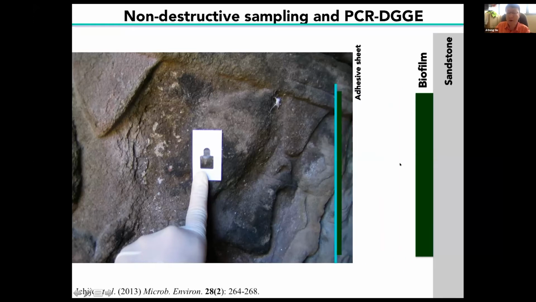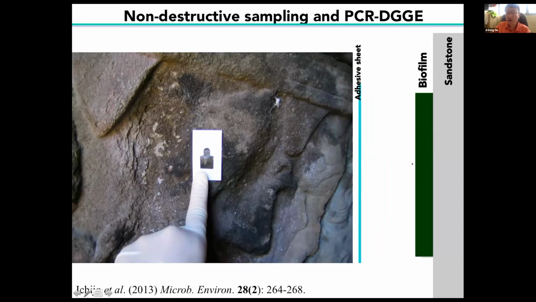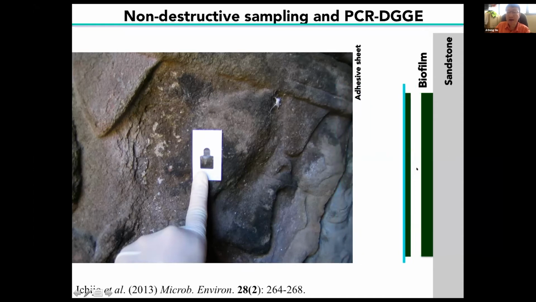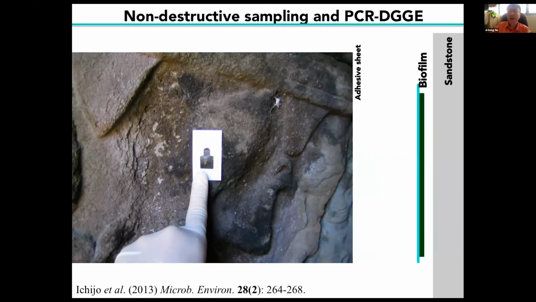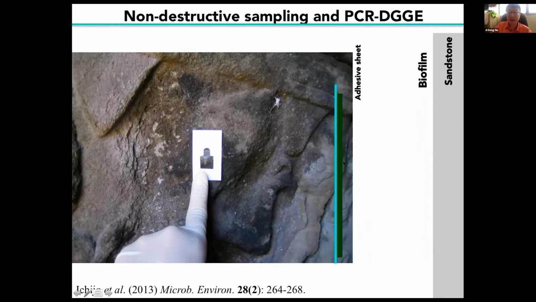This is the first sample. Afterward, we can take a fresh new device, push it onto the biofilm again, and take the second sample. So in theory, we can take the third one, we can also take the fourth one. And basically, on this particular site, you can take as many samples as you want.